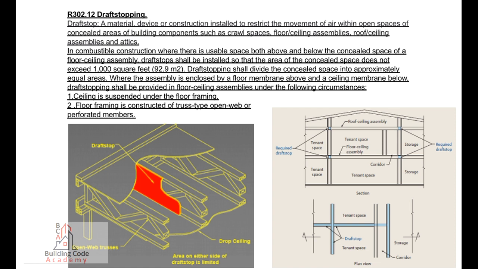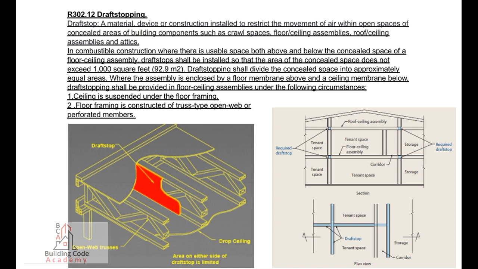In combustible construction where there is usable space both above and below the concealed space of a floor ceiling assembly, draft stops shall be installed so that the area of the concealed space does not exceed 1,000 square feet (92.9 square meters). Draft stopping shall divide the concealed space into approximately equal areas.